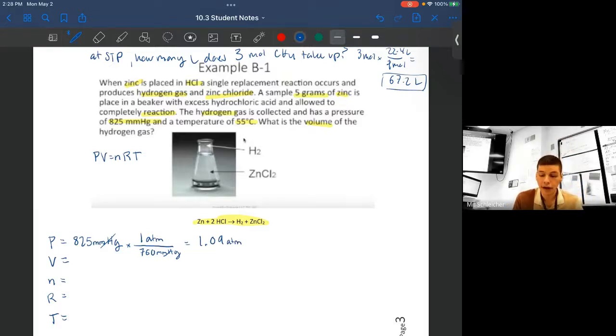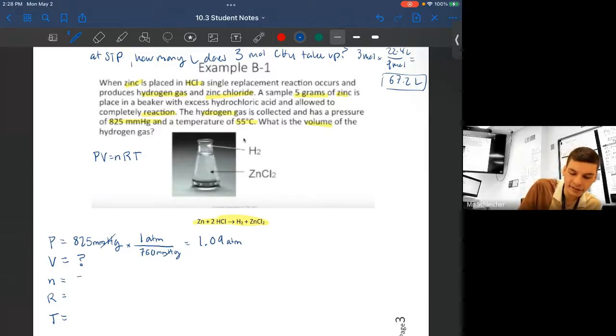For the volume of this hydrogen gas, I'm being asked for that, so I don't know that quite yet. It's a mystery. I'm going to solve for that later. For the number of moles of hydrogen gas, this is where you're supposed to really think about it. Maybe use your stoichiometry skills with chemical reactions.